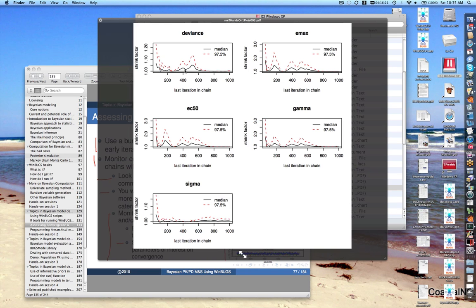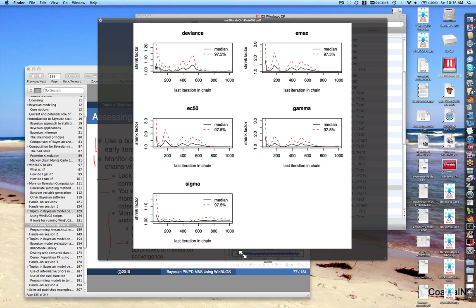I've never really thought real hard about what I'm trying to distinguish between these two things, but you're pretty much looking for both of them to approach 1. I suppose if things are really noisy, you might see something where the median seems to get there, but the 97.5 percentile might be bouncing around and still be considerably more.